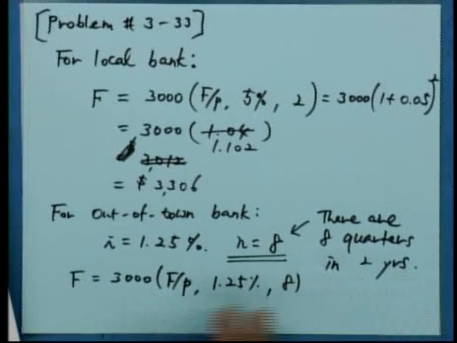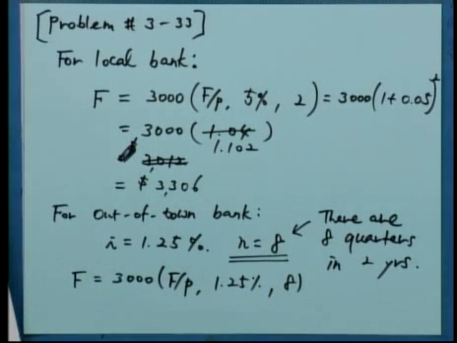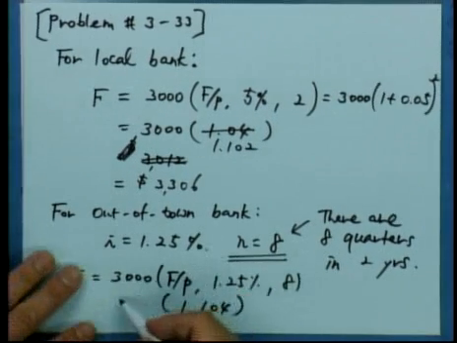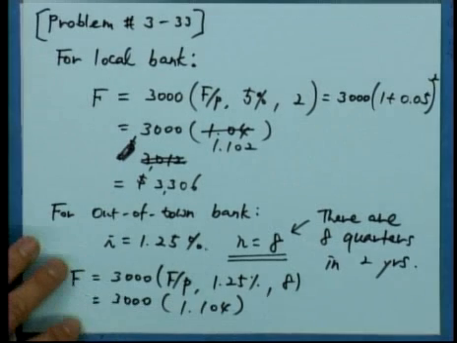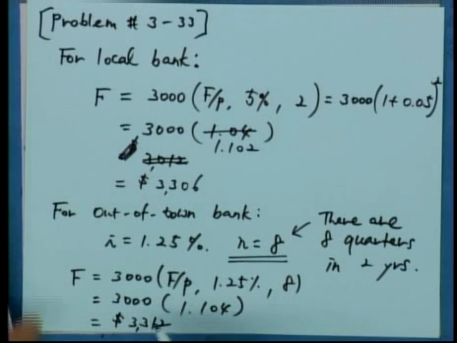If you look at page number 599, it provides the compound amount factor for 1.25%, and you are looking for period 8, so it's going to be 1.104. 3,000 times 1.104, how much is that? $3,312. Okay? Slightly different.